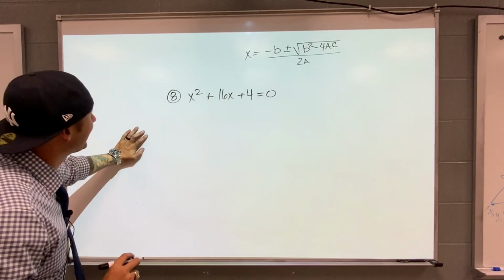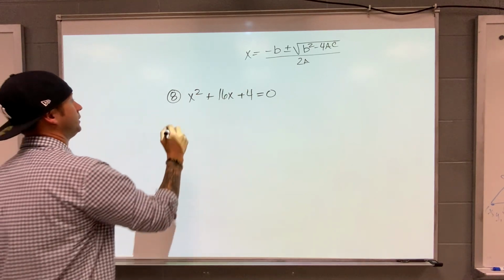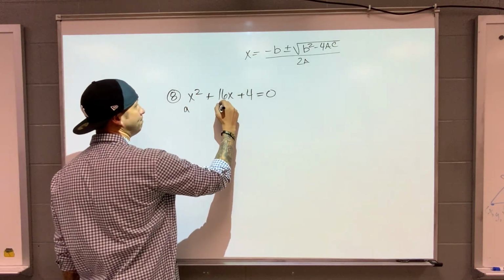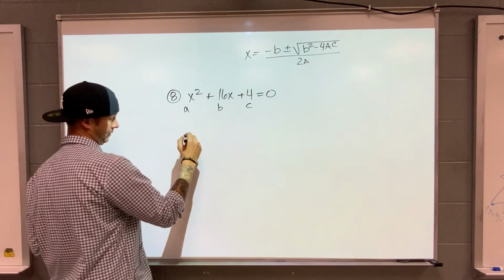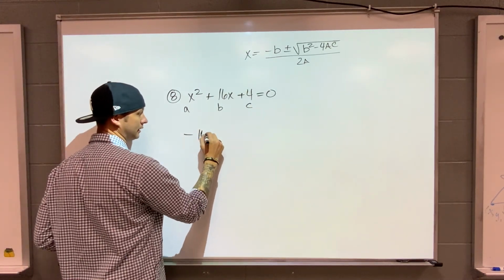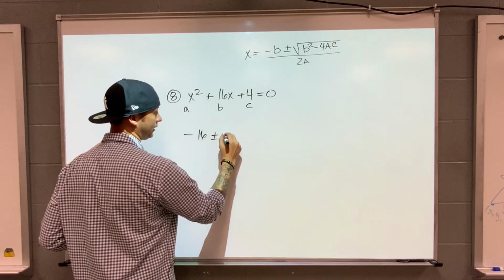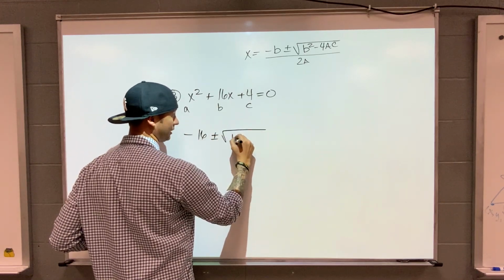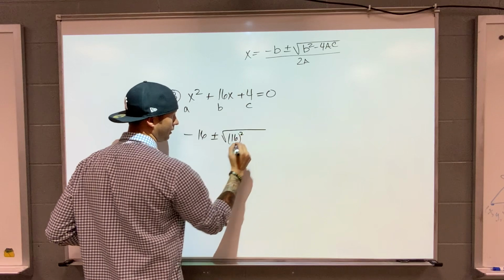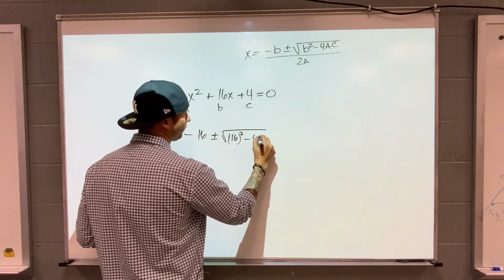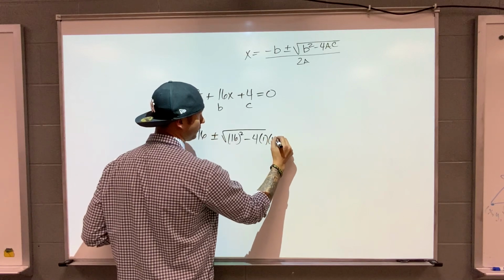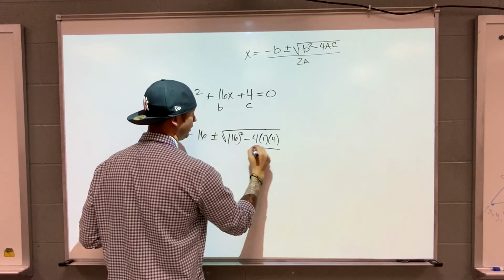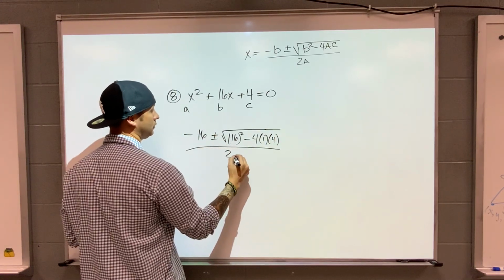Number 8, x squared plus 16x plus 4. So A, B, C. Okay, negative 16 plus or minus the square root of 16 squared minus 4, A, which is 1, C, which is 4, all over 2 times A, which is 1.